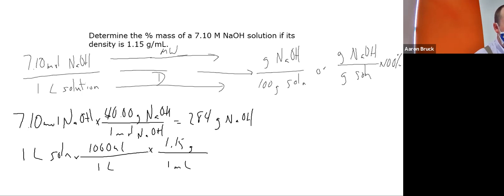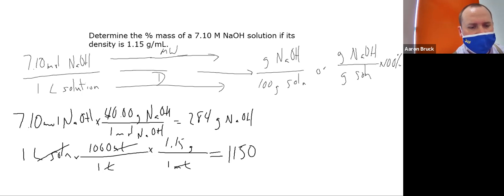So if I follow that, I've got liters, I've got milliliters taken care of. I just need to convert it into grams. 1.15 times 1,000 is 1,150 grams of solution.